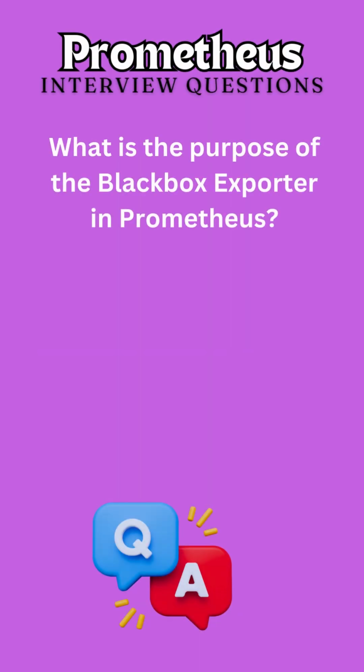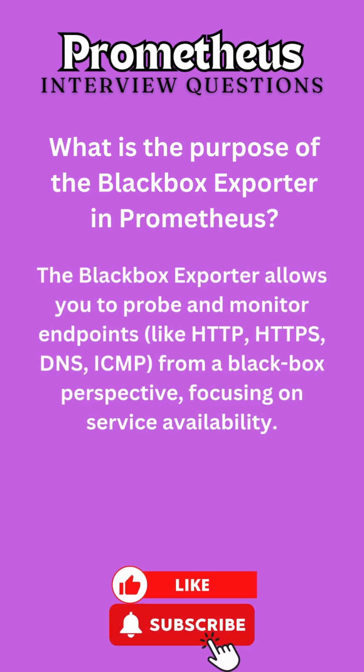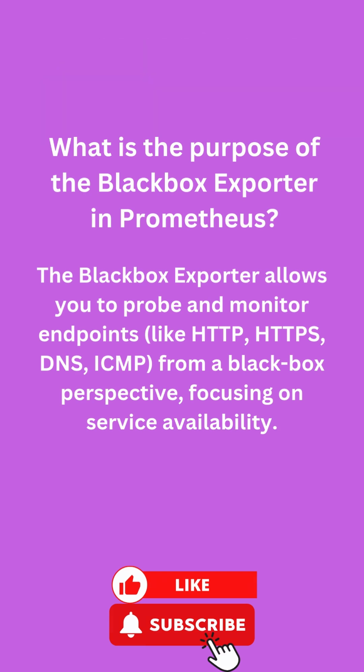What is the purpose of the Blackbox Exporter in Prometheus? The Blackbox Exporter allows you to probe and monitor endpoints like HTTP, HTTPS, DNS, ICMP from a black box perspective, focusing on service availability.